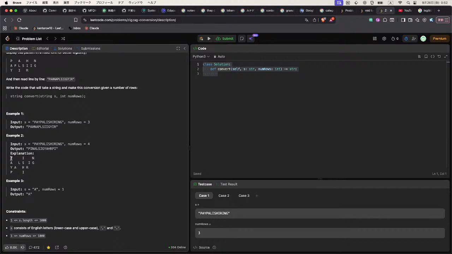So first we should make these kinds of forms, and then we should read it line by line.